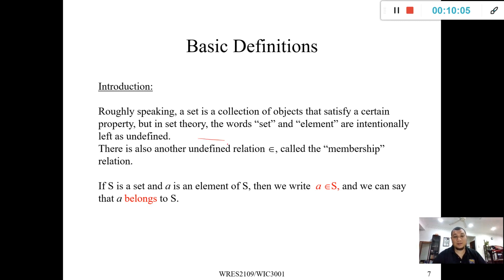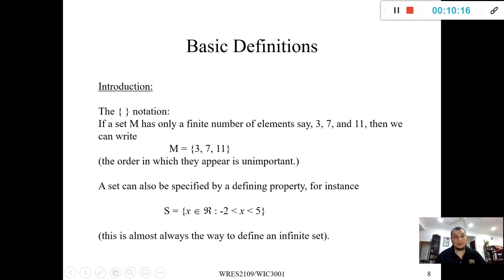So you have here this big one, this is the S, and this is A. So you write A ∈ S. And you have curly brackets, open and close notation.